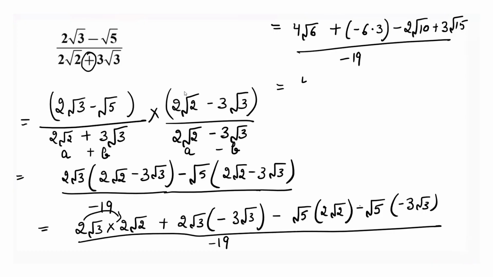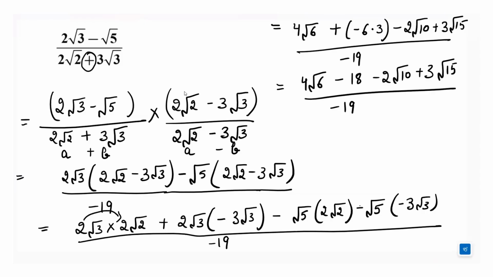So finally we'll get 4 root 6 negative 18 negative 2 root 10 plus 3 root 15 over negative 19. If you want to remove the negative sign of negative 19, you have to put the negative sign in the numerator place.